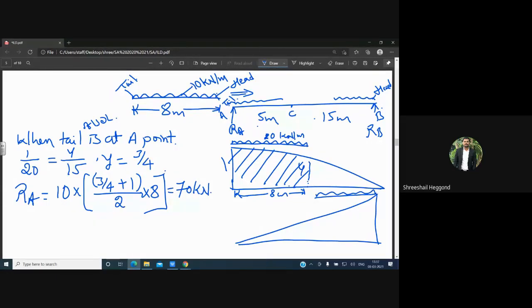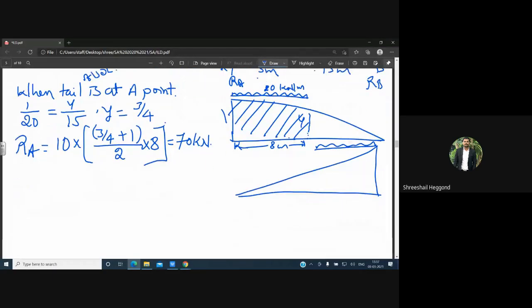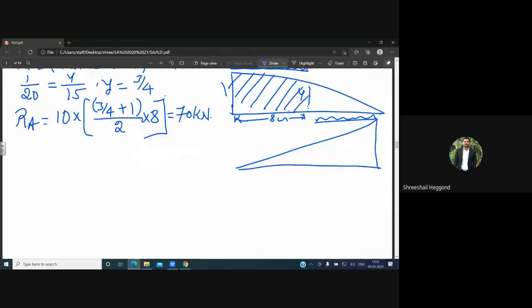When the head is at B point, the RB can be calculated as follows. When the head of the UDL is at B point, A and B, this is 8 meters.